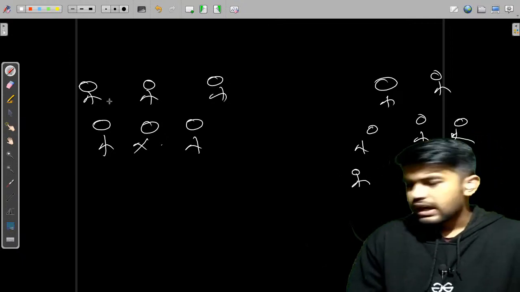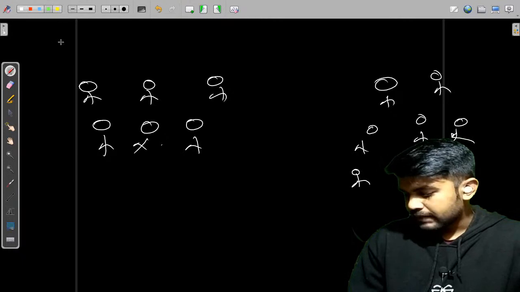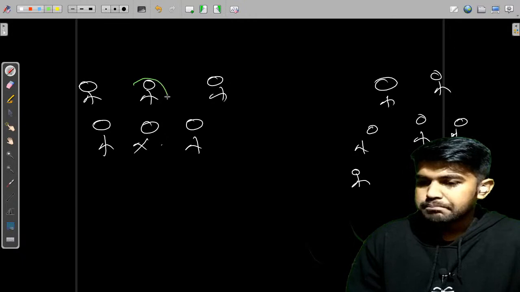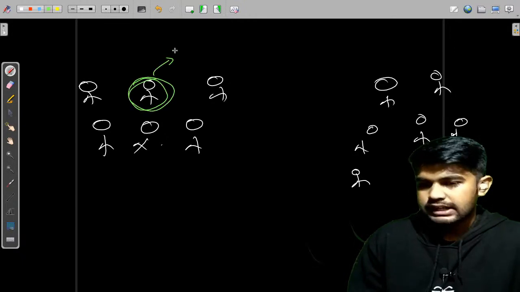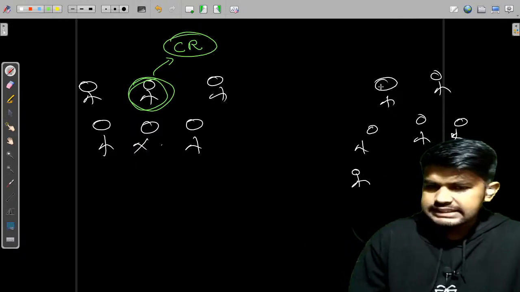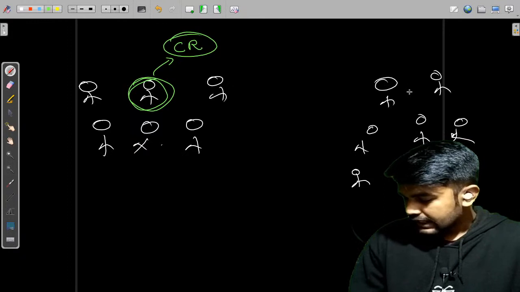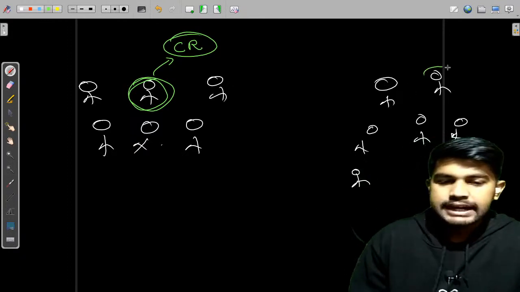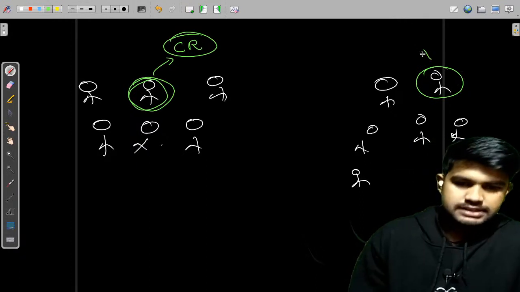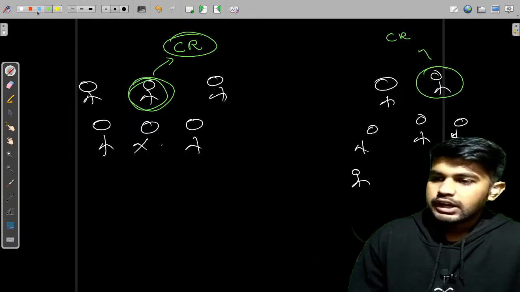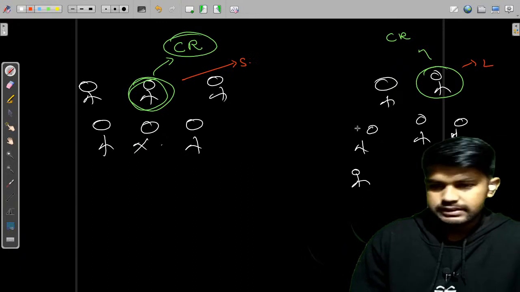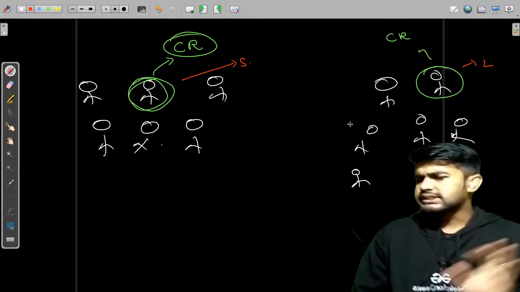Now suppose I find Satyabrat Ojha extremely active each day, so I decide to make him the representative of the class, the class representative, the CR. And on this side I find Lalit extremely active in the class, so I make him the CR. So this one is Satya and this one is Lalit. Fair enough.